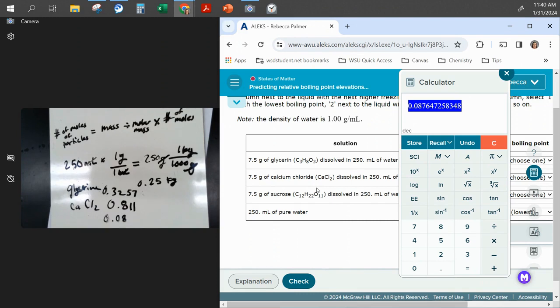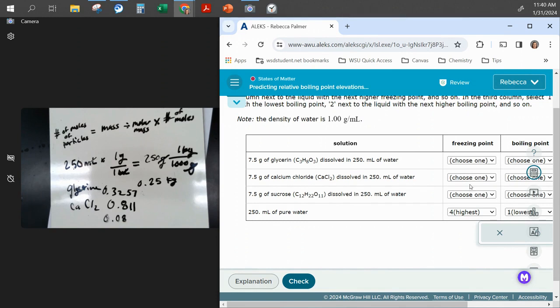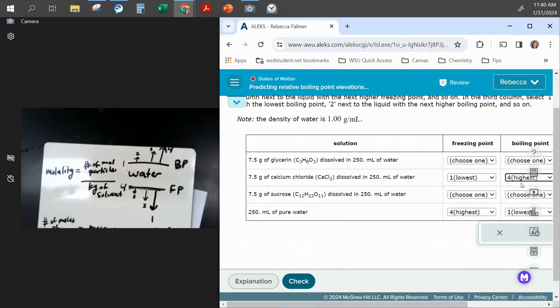All right, so bigger will have a bigger effect. Calcium chloride here has the biggest molality, so this one will have the greatest difference from water. So it's going to have the highest boiling point. It's going to have the lowest freezing point.